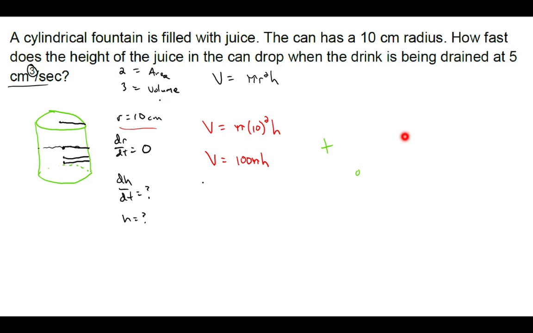That's not going to be too hard to differentiate because remember, 100 pi is just a constant. So the derivative implicitly of V is dV/dt, and the derivative of 100 pi h is just going to be 100 pi dh/dt. So very good. That one's not too bad at all.